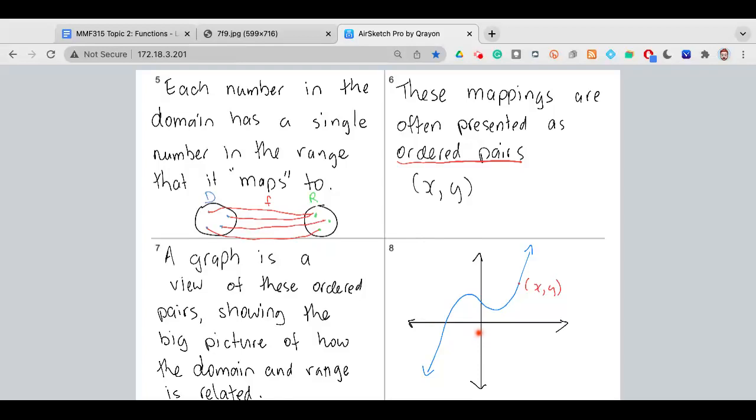But if I show you this graph, we can see that as x gets bigger and bigger but negative, the outputs are getting bigger but negative, because it's going down this way. I can see as well that as x gets bigger this way, in other words, as the inputs grow, they first of all go down, but then they go up and then go up forever. I can also see at this point and this point we have turning points, where it stops going positive and starts going negative, and then stops being negative and starts going positive. So I can pick up a lot of data just looking at a picture.